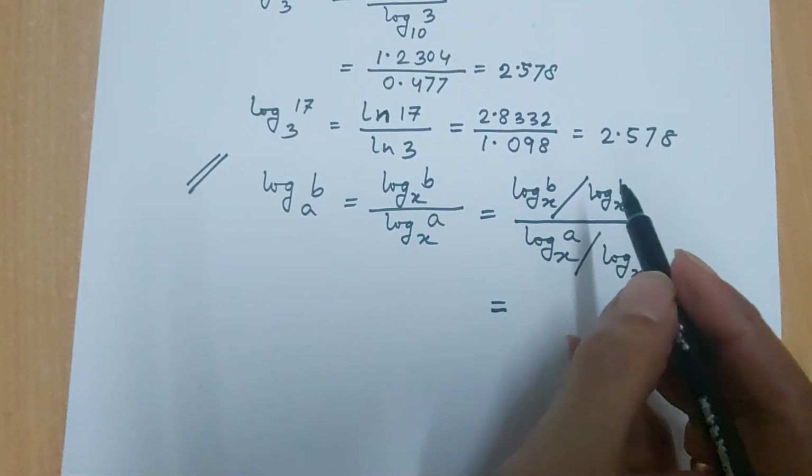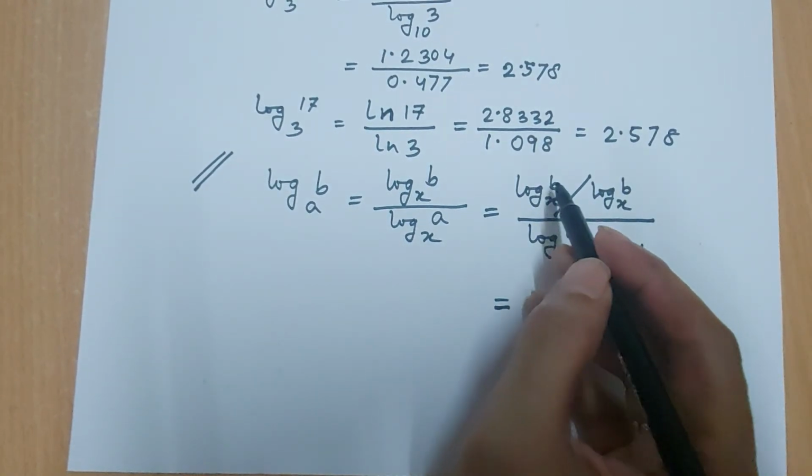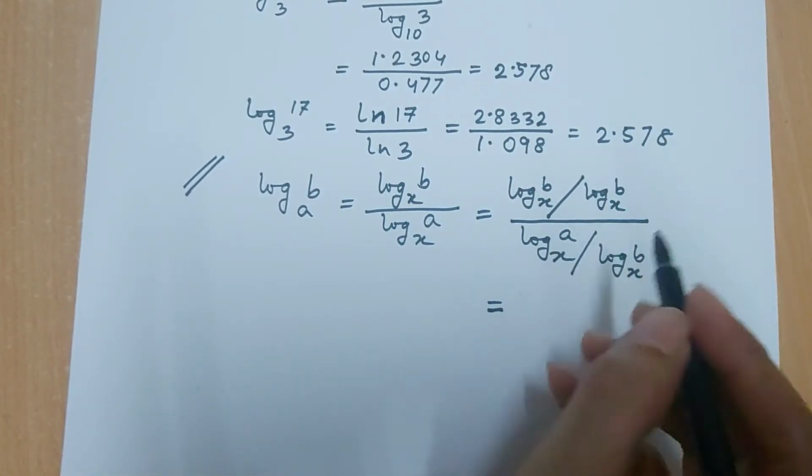Then the upper one will turn to 1, because log b base x over log b base x equals 1.